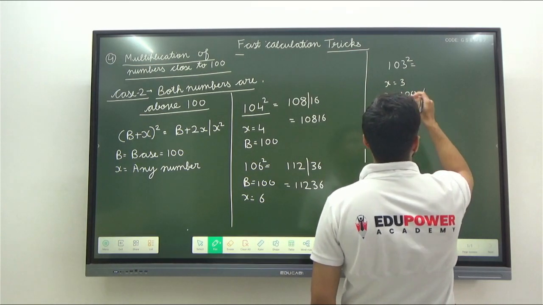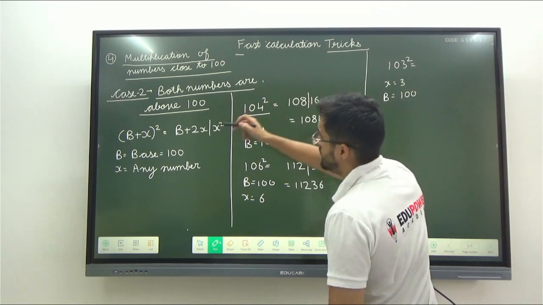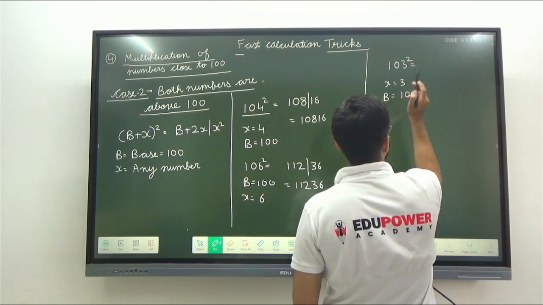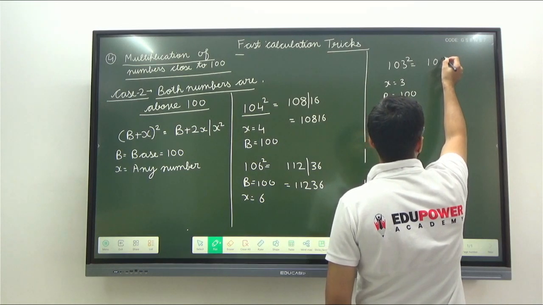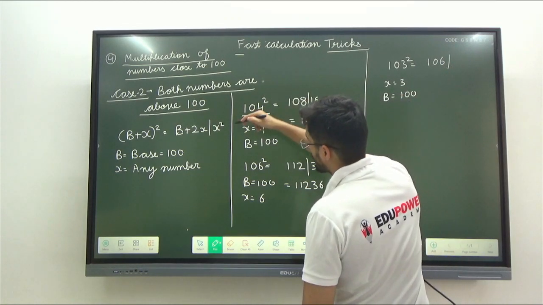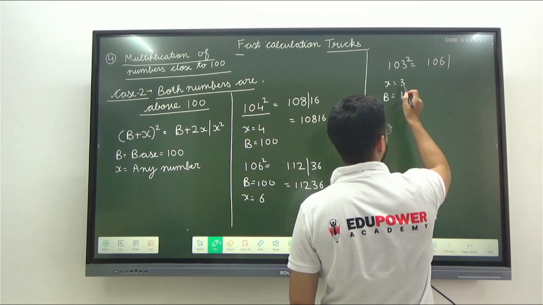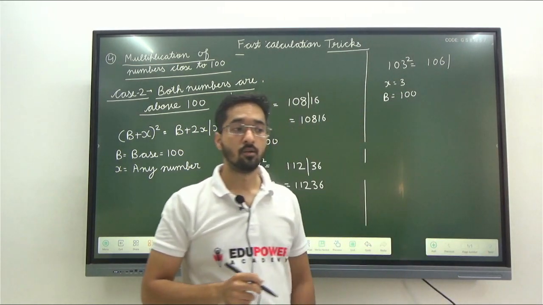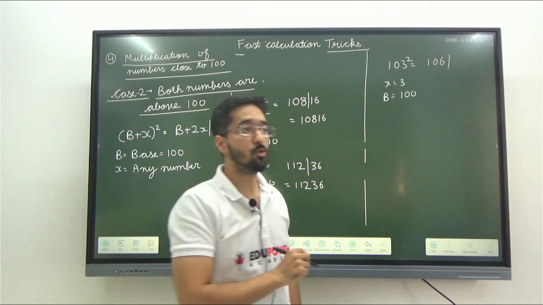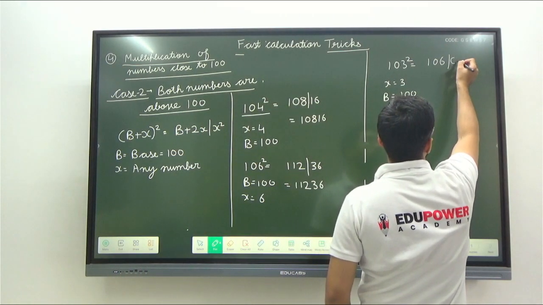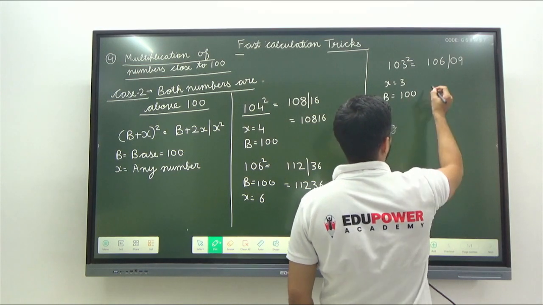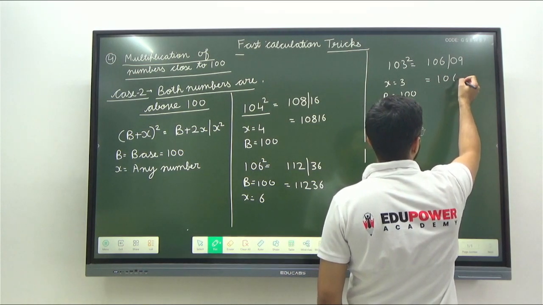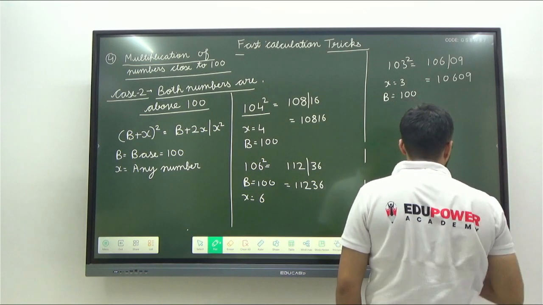So, b plus 2x, 100 plus 6, that is 106, slash x square. X square means 3 square, 3 square means 9, but we will not write 9, we will write 09. Okay. So, the answer comes out to be 10609.